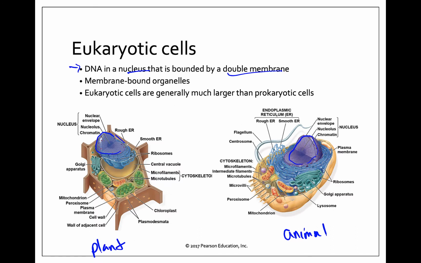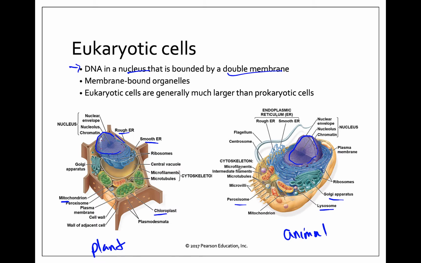And on the outside of that nucleus, there is a membrane called the nuclear envelope that is surrounding it. We see a whole bunch of other membrane-bound organelles, mitochondria, we've got chloroplasts, we've got the endoplasmic reticulum, peroxisomes, again, Golgi apparatus, lysosomes. All of those are going to contain membranes.